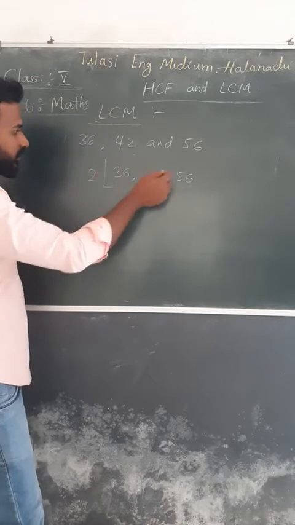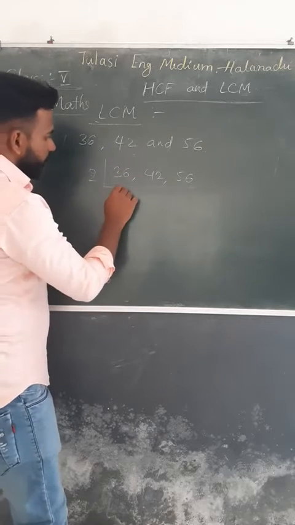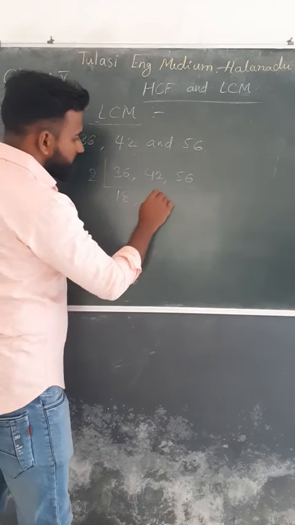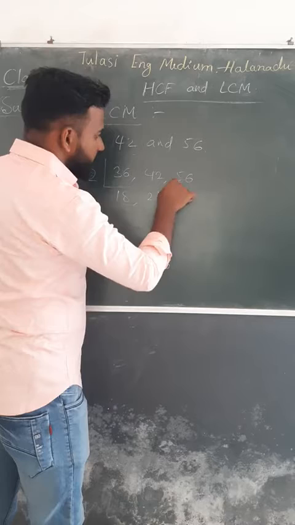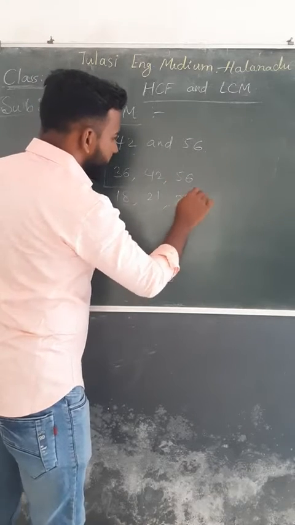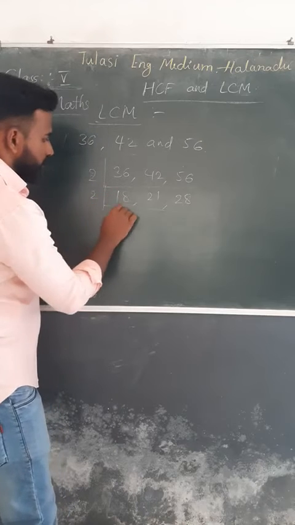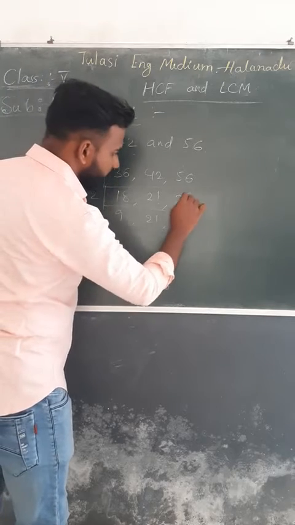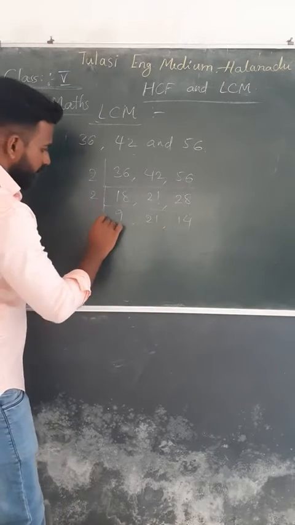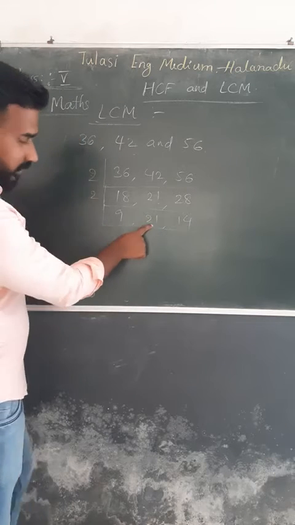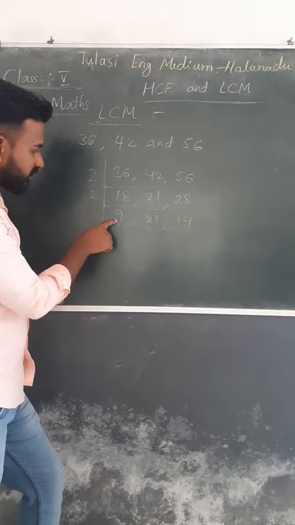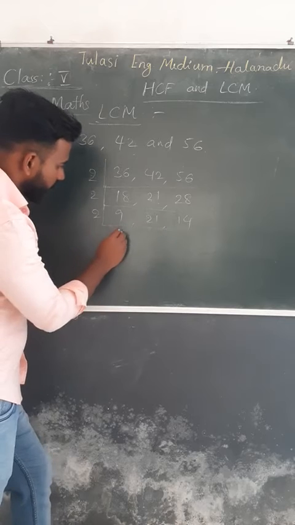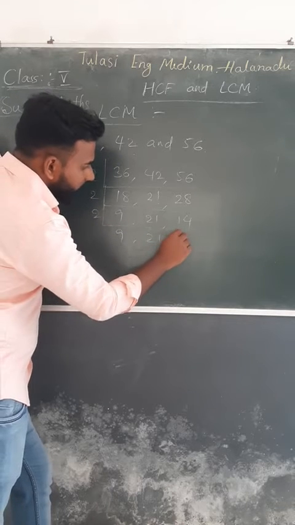So here all the numbers are divisible by 2. 2 18s, 2 21s, 2 28s: 18, 21, 28. 21 is not divisible by 2, so write as it is. 2 14s are 28. 9, 21, 14. 9 is not divisible, 21 also, but 14 is divisible, so we have to divide by 2. 9, 21, 7.